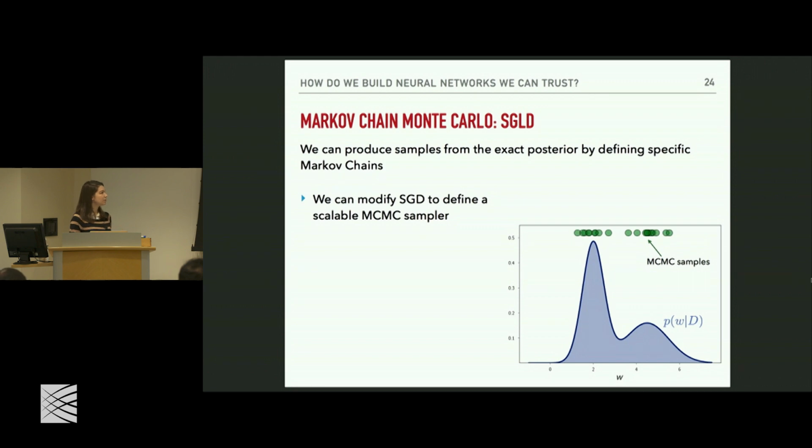In the case of deep neural networks, in practice, this procedure involves modifying stochastic gradient descent in some way to get samples from the posterior.